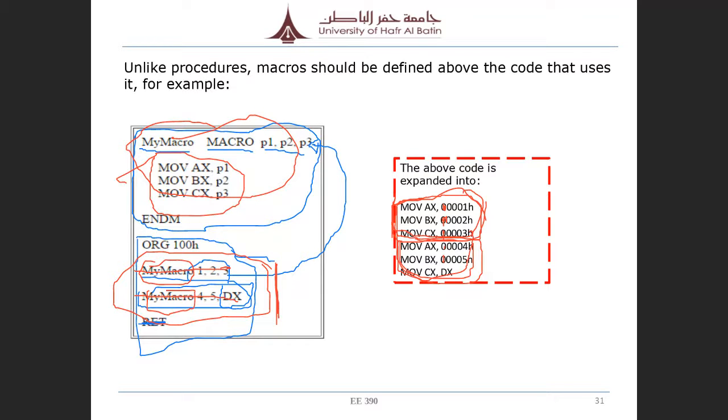So when we need it, we may use it like a function, instead of writing it again and again. Instead of writing these 6 lines, we can define a macro and call the macro in the main program.